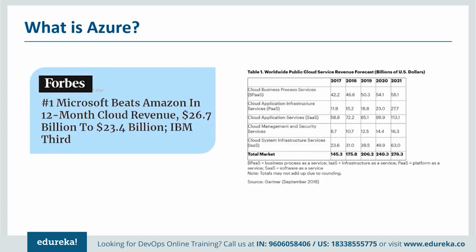So you can see here, if I just point out one single service, it's called infrastructure as a service. This means that you just want to have virtual machines in the cloud. You just want to have some compute in the cloud. You go ahead and consume it. So in 2017, the revenue for all these cloud providers was approximately $30 billion.